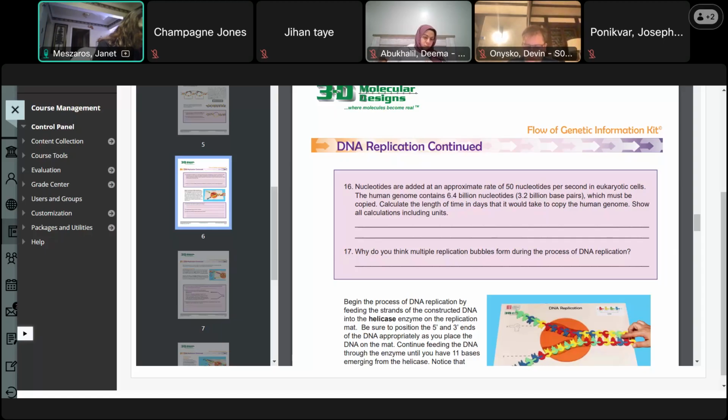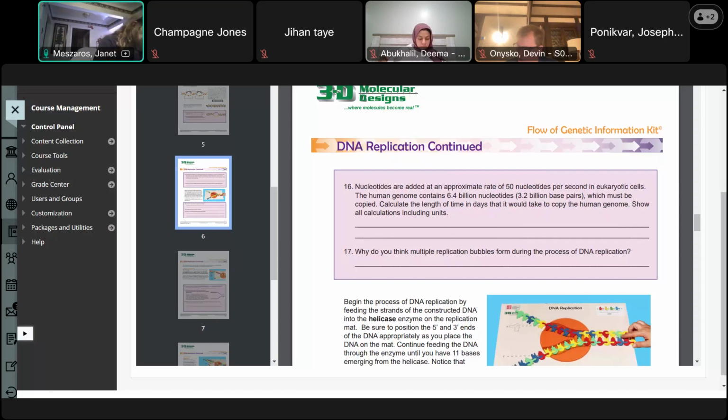So that would be 6,400,000,000. Okay. That's 6.4 billion nucleotides. You start with that. And then you're going to multiply it by 1 second divided by 50 nucleotides.